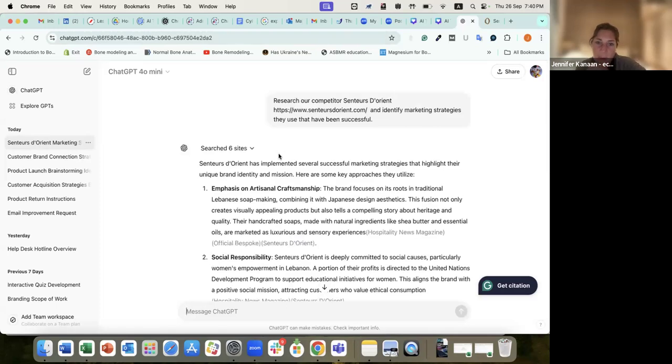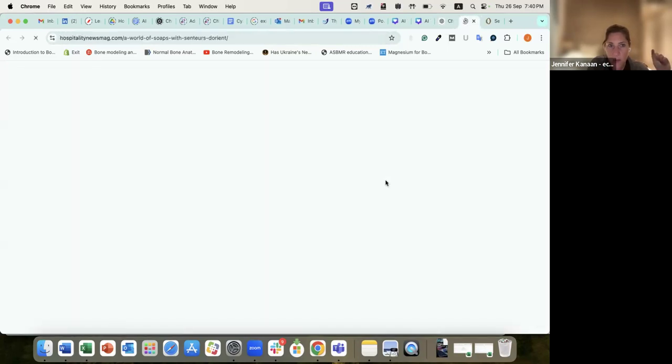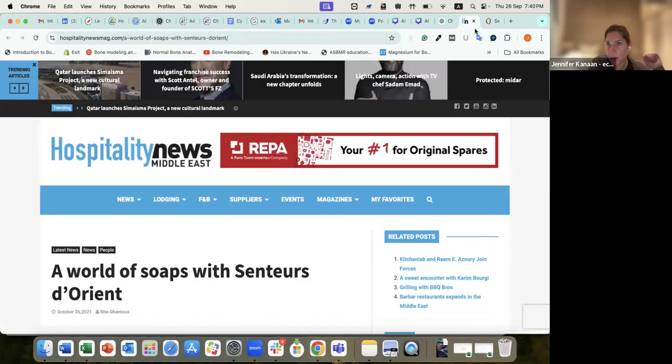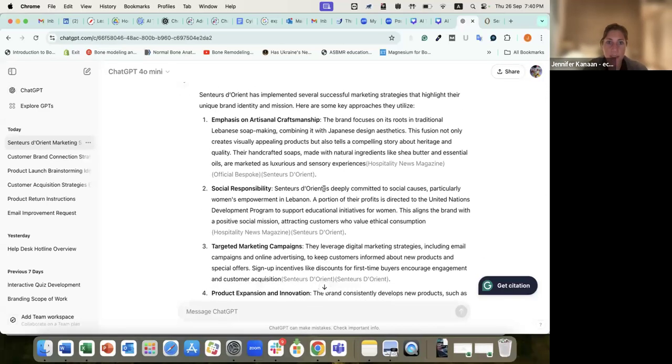So Senteur d'Orient has implemented several successful marketing strategies that highlight their unique brand identity and mission. So they emphasize artisanal craftsmanship. Okay, so these are answers that are taken from articles. I think if we click on them, yeah, they open. So what ChatGPT did is it went and searched the web and was able to identify these.